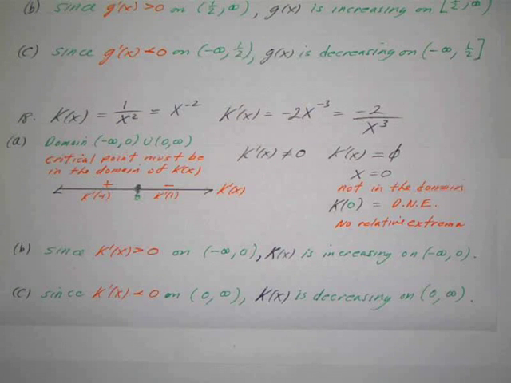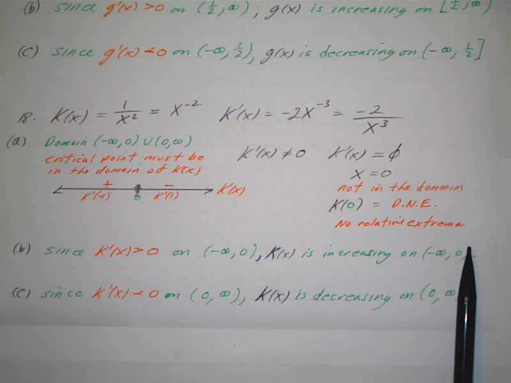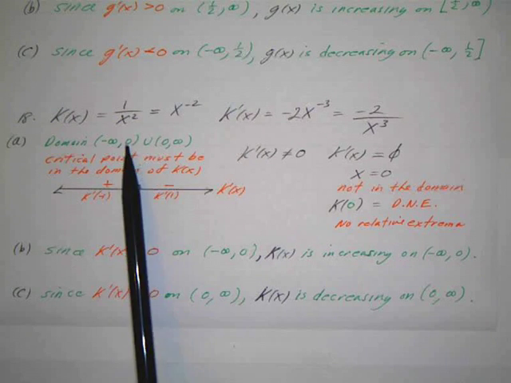But we do have intervals in which it's increasing. And again, since the derivative is greater than 0 from negative infinity to 0, we would say k is increasing on this interval from negative infinity to 0. In this case, it would not be closed. It would have to be open because 0 is not in the domain.